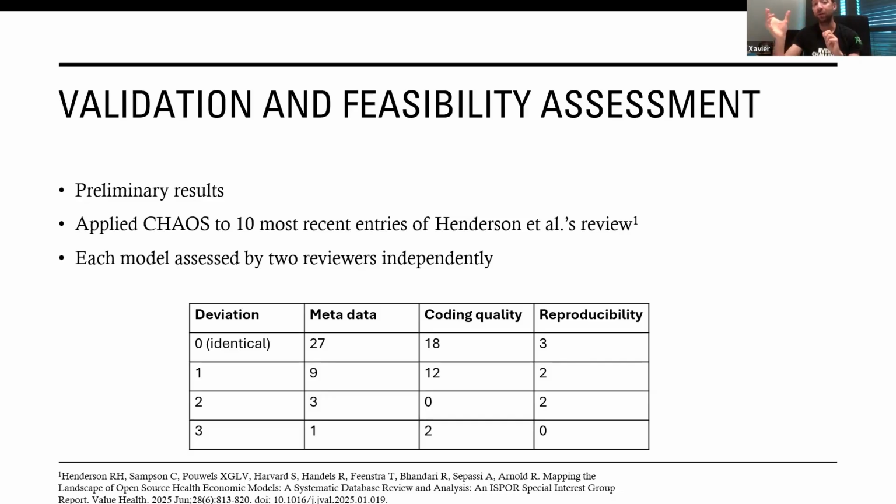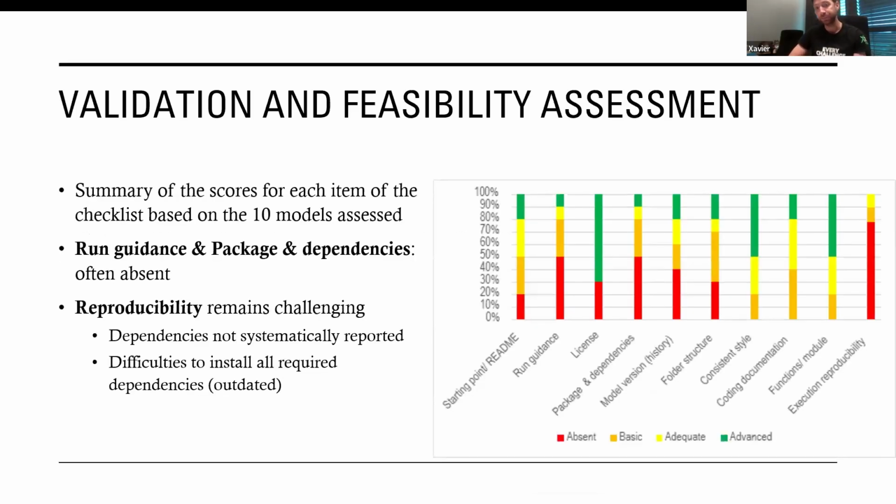And what we take out of this, based on this quick look, is that the reproducibility is rated quite differently by the different assessors. And this may have different reasons. So here you can see the summary scores per item for all the 7 models that we assessed. The red color is absent and the green is advanced.